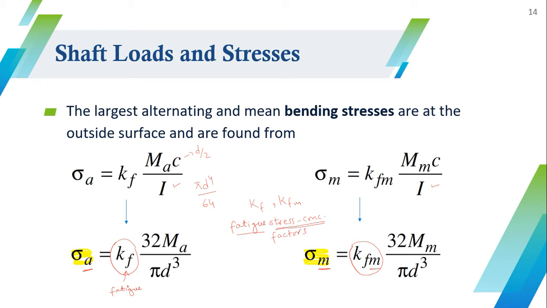So in order to take these effects into account in our design process, we have introduced these simple factors Kf and Kfm. And since we are talking bending here, the proper name for these factors is bending fatigue stress concentration factors.